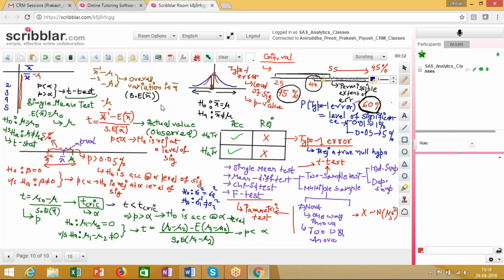So over here, the folded F statistic is equal to max of S1 square, S2 square.